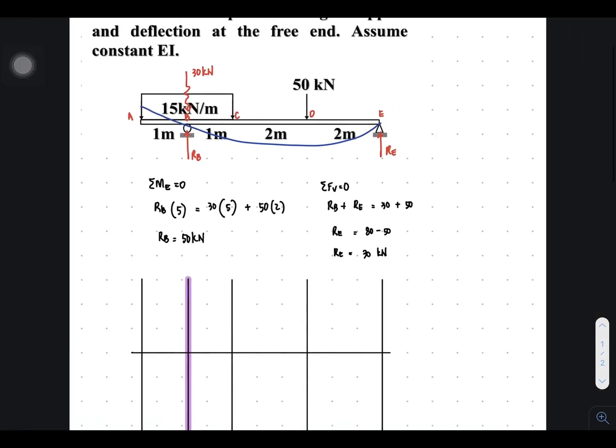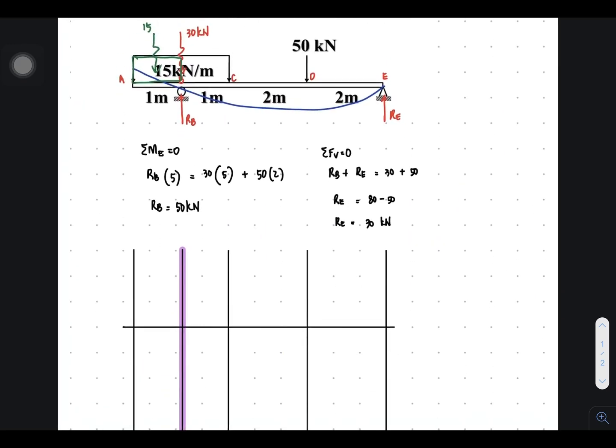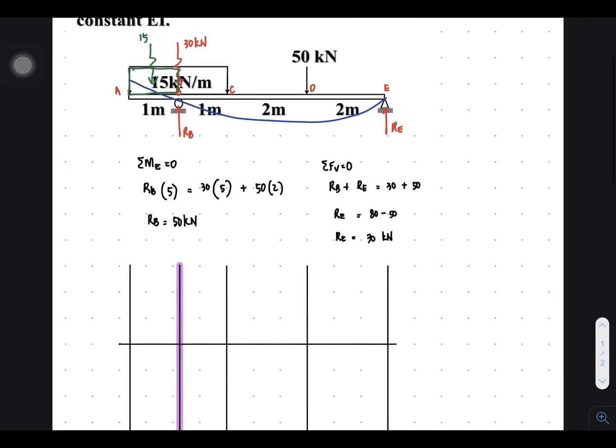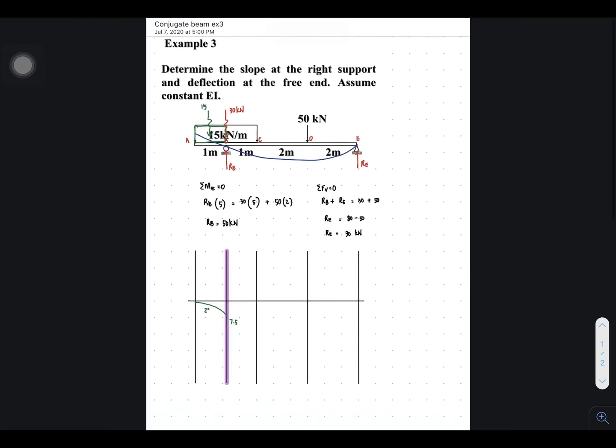Starting with this. So this will give you 15, right? So 15 times 1, it's 15 downward. So it has a tabo, 15 times 1/2 of 1. So negative, there. So this is 7.5. This is second degree. Next, this one.